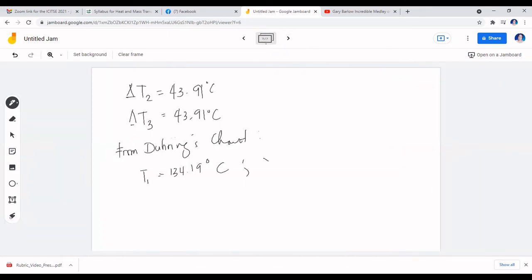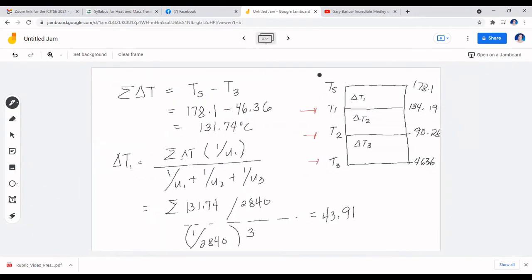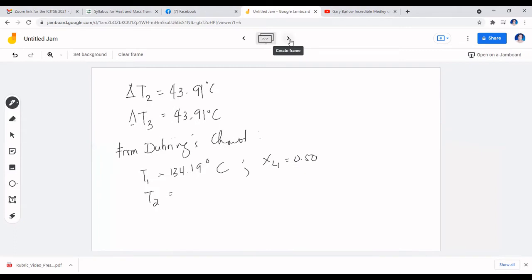So we'll have here XL1, 50%. Okay, somebody wrote on the chat box. And then we'll have T2. To get it, our temperature distribution diagram, 90.28.